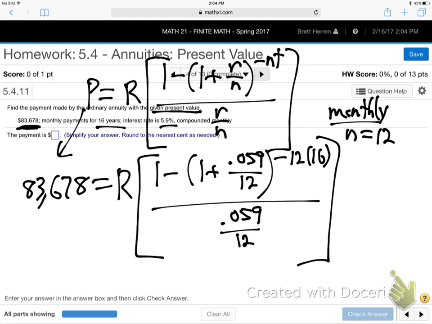Okay, so you've got to solve that for R. What I would do, you guys know how I suggest doing this, right? Calculate this whole thing on the right side, and then 83,678 divided by the answer. So see if you can do it. I'll come around and see if I can help.